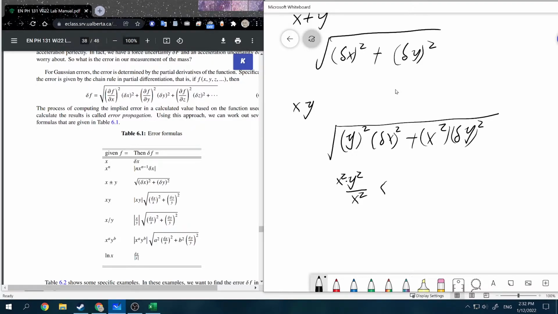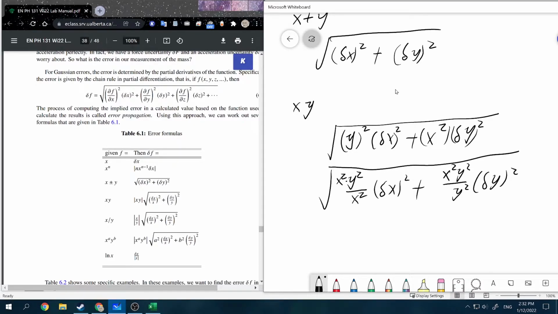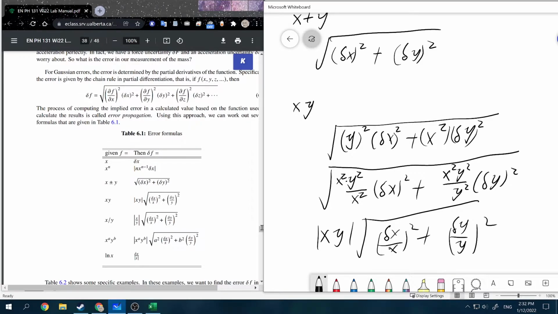It's the same thing: δx squared plus x squared y squared divided by y squared, because that's 1, it's just x squared, δy squared. Now we can just pull the x squared and y squared out: x y, divided by δx divided by x all squared, plus δy divided by y all squared. So it's like that.